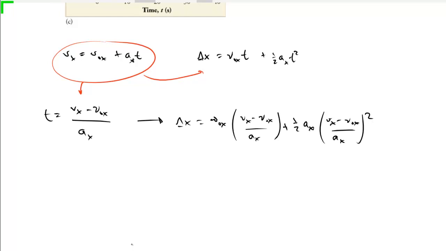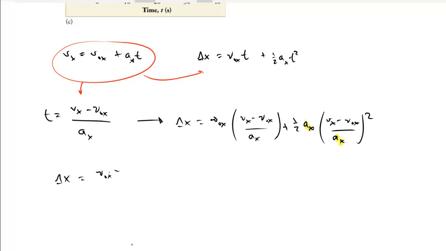Right? So then let's just go through and simplify this down a little bit. You see here that we'll have an ax squared on the bottom and ax on the top here. So one of these is going to cancel out.